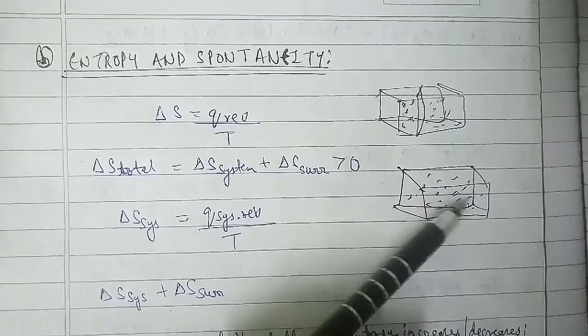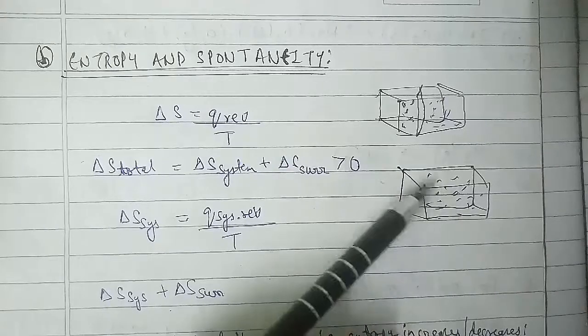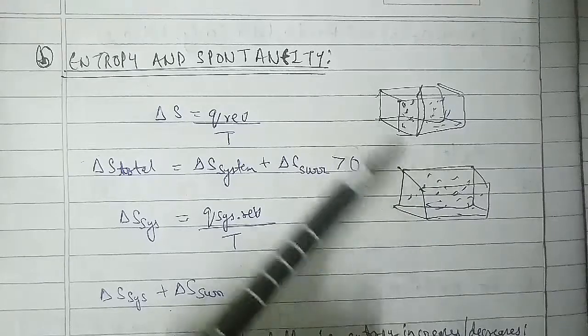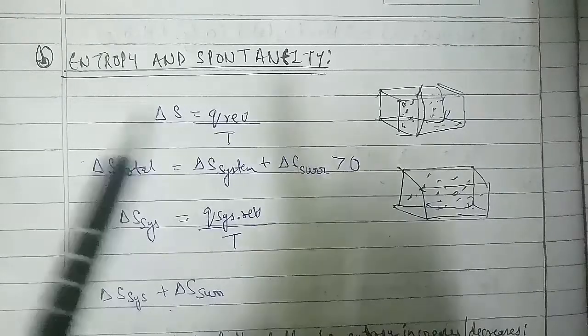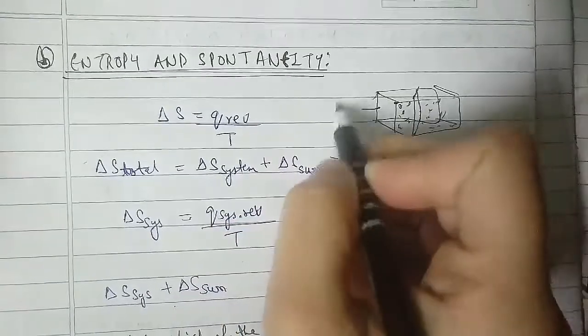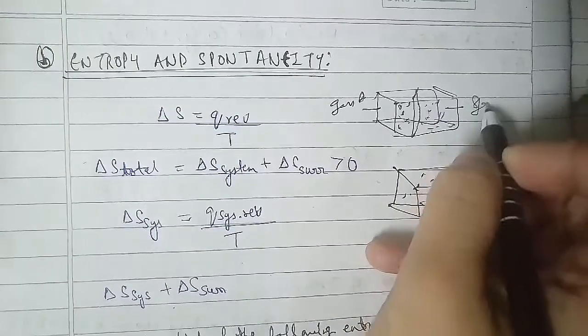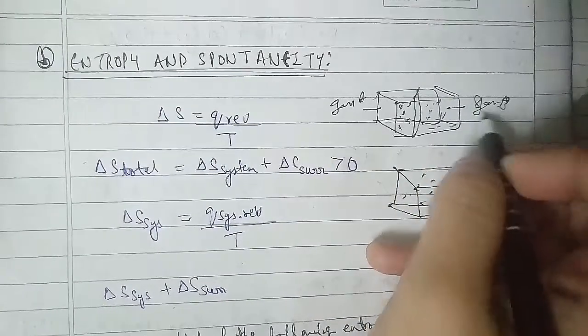As far as a chemical reaction is concerned, this entropy change can be attributed to the rearrangement of atoms or ions from the reactants to the products.